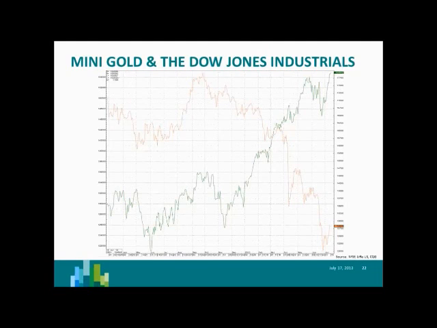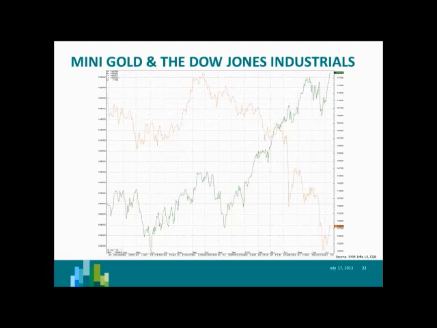Here is the price of gold in the orange and the price of the Dow Jones Industrials, the equity index that's quite popular in the United States. And what I have found is that many hard asset investors like to keep track of how much 1 ounce of gold can buy of an equity index.